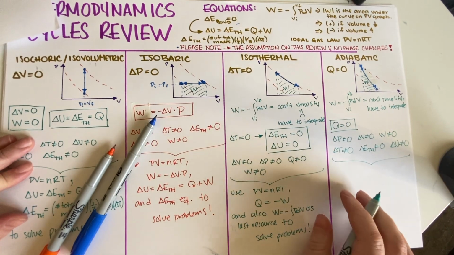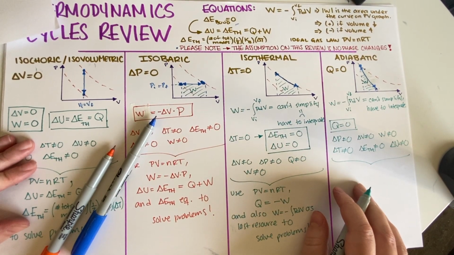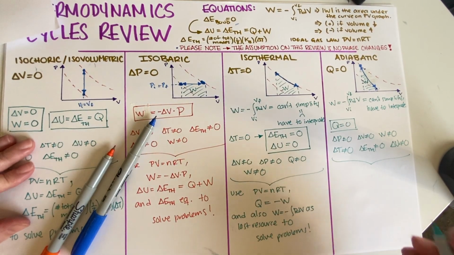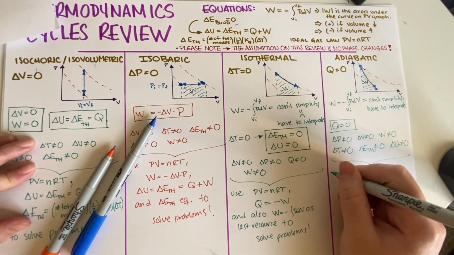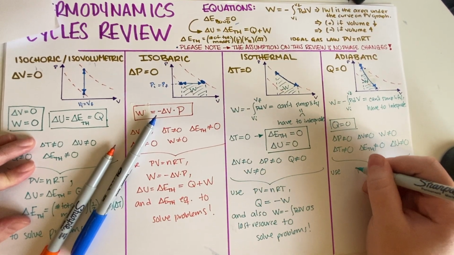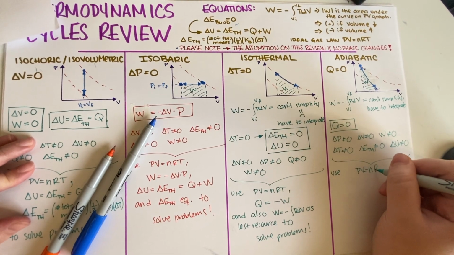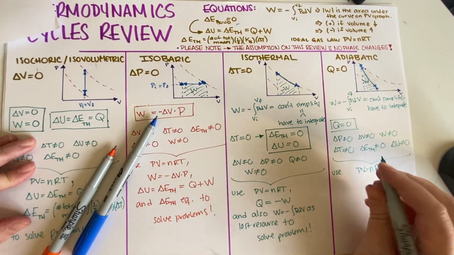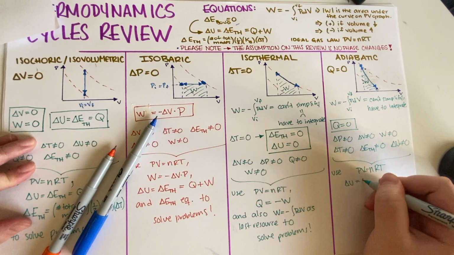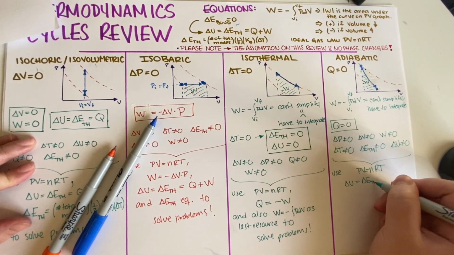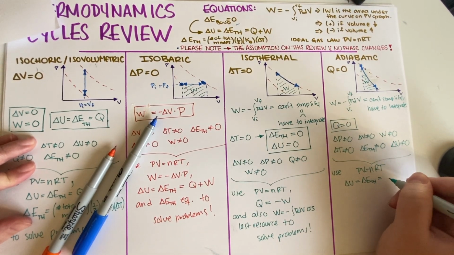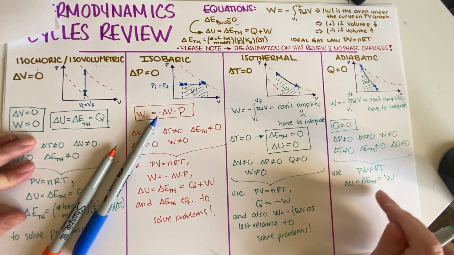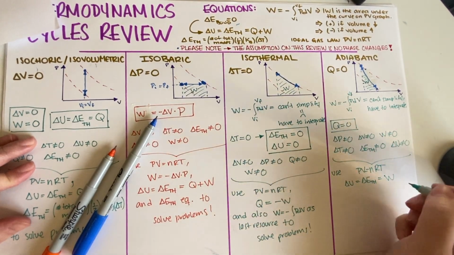So this is a type of process in which you have to be extra clever and really make use of those equations that you have to solve your problems. In this case, it's just W because Q is equal to 0.